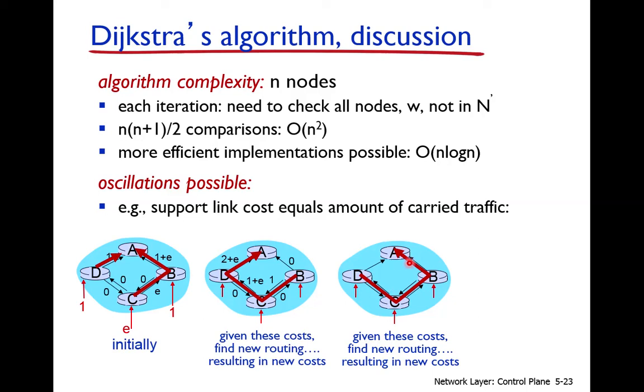And why does this problem happen? What is the reason? When B decides that this path is more congested and this path is free, it uses this one. But B doesn't know that C has also selected this path. B doesn't know that D has also selected this path, because in the per router architecture, each router has its own control plane.